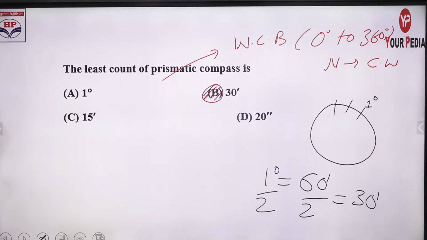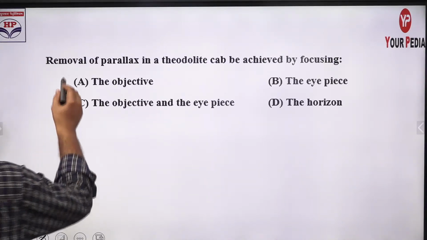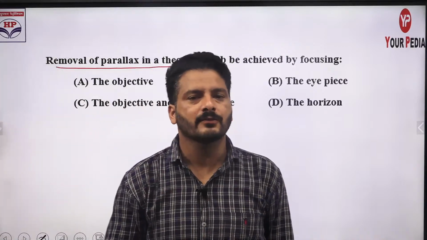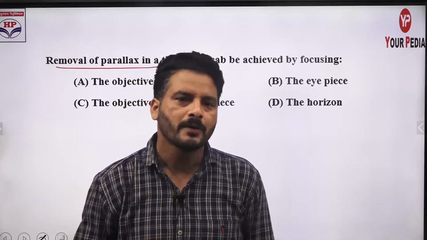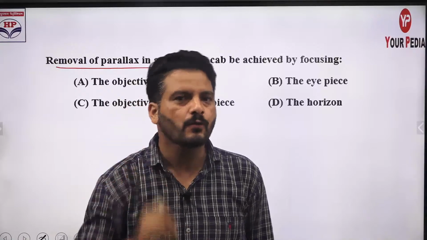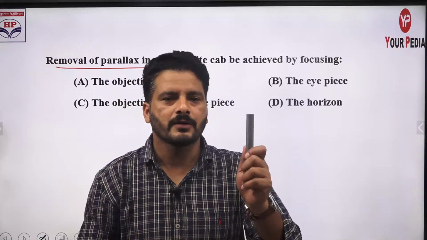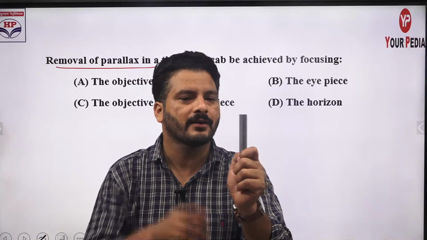Fine. Next question. Removal of parallax in a theodolite can be achieved by focusing. Okay, removal of parallax. What are we doing in surveying, guys? We are just seeing with one eye through the telescope. Just close your left eye and see one object with your right eye. When you close your right eye, see the same object with the left eye, without changing its position.